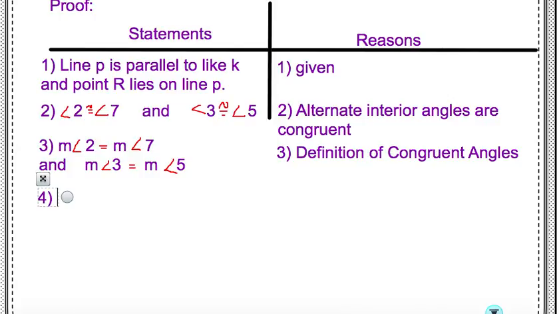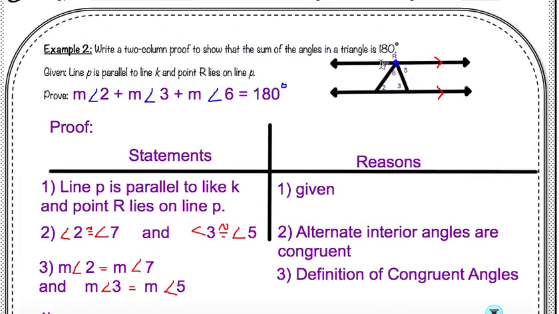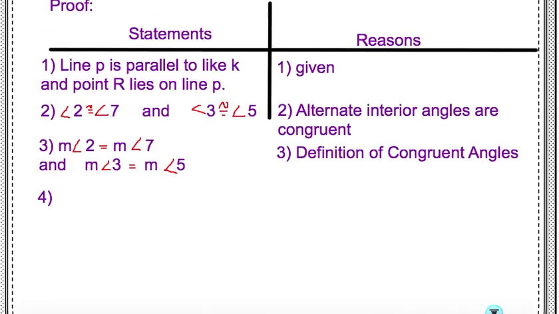Okay, so now what we want to do is we want to find the 3 angles that make a straight line at the top of the picture. Angles 7 and 6 and 5. Look carefully at what you're trying to prove. It's 2 and then 3 and then 6. So that's going to matter what order you talk about these 3 at the top. So 2 and 7 are equal. So we're going to start with 7 plus the measure of angle 5 plus the measure of angle 6. Okay? So the measure of angle 7 plus the measure of angle 5 plus the measure of angle 6 equals 180 degrees.